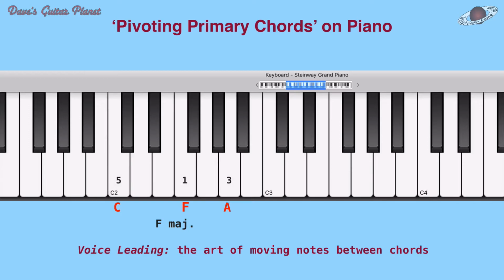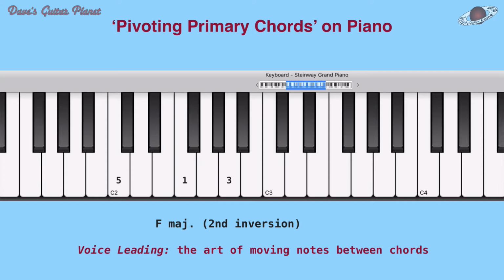So now it's a much smoother transition from C, what we call the root position, with the root on the bottom, to the F chord with the 5th of F on the bottom. We call this second inversion, by the way.